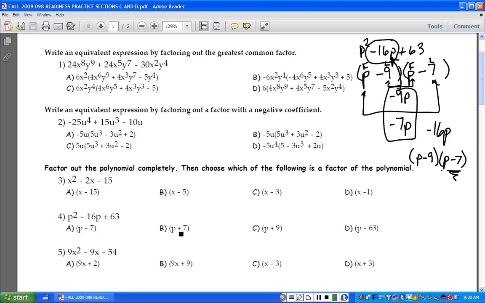We have a p plus 7 for B. P plus 7, not over here. We have a p plus 9 for C. P plus 9, we look over here, not over here. And D is p minus 63. We look, p minus 63, don't have it. So what we thought originally, A would be the correct answer, p minus 7.